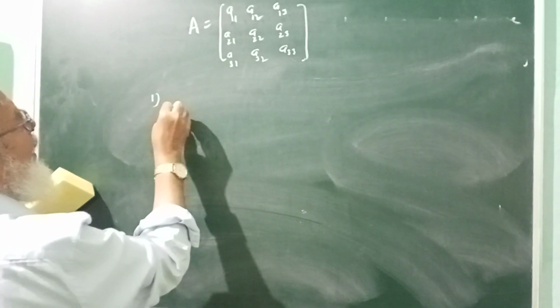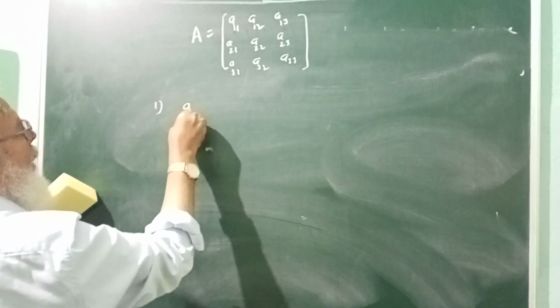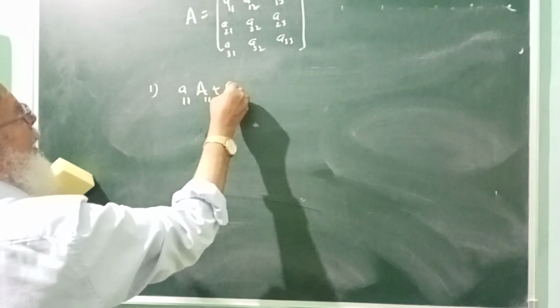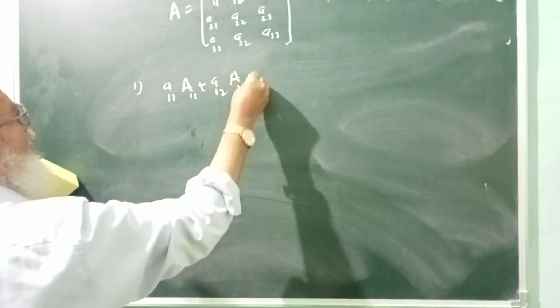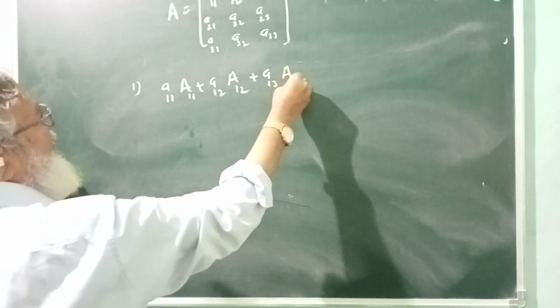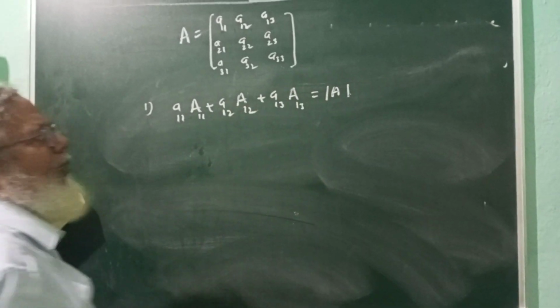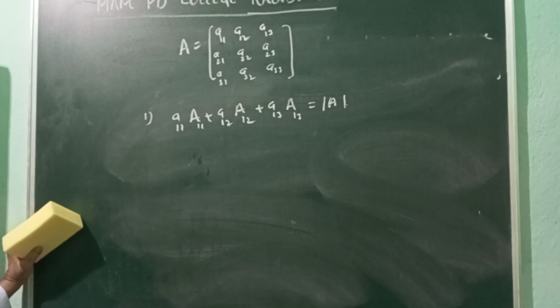For example, we take the first row and multiply each element by its cofactor: A11 times A11 cofactor, plus A12 times A12 cofactor, plus A13 times A13 cofactor, is equal to the value of the determinant of A.